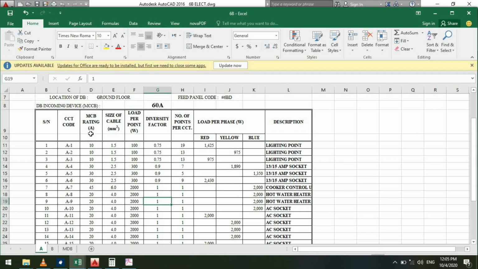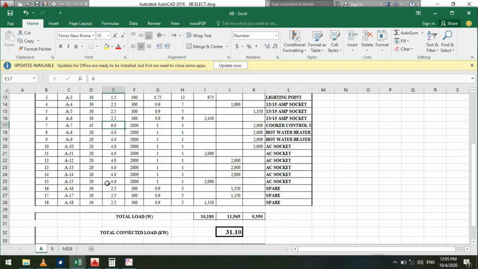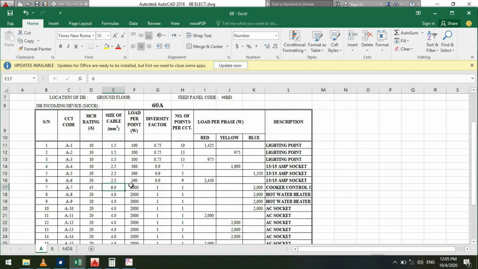So for an MCB rating of 10 ampere, the maximum cable size is 1.5, and for sockets on a norm it is 2.5. For hot water heater we use 4, and cooker control unit is 6. For normal AC it is 4, and if we have other loads too, they will definitely be included.